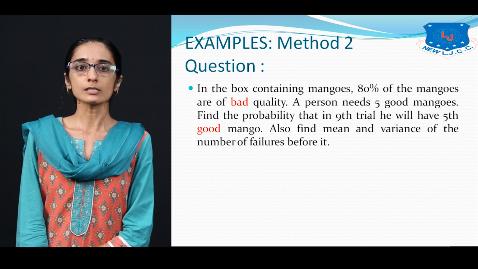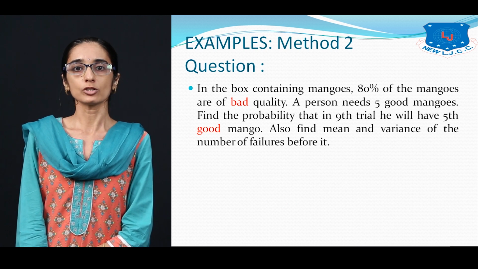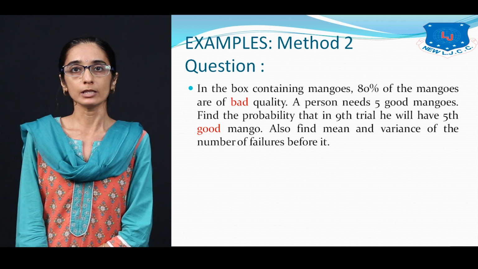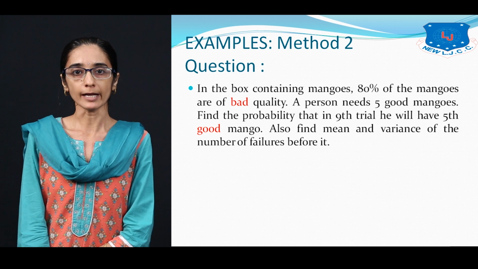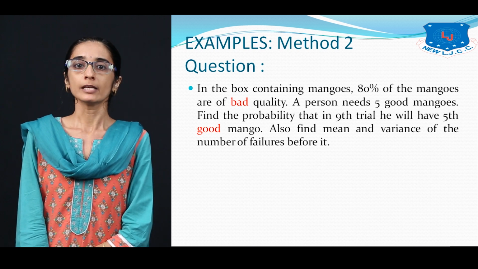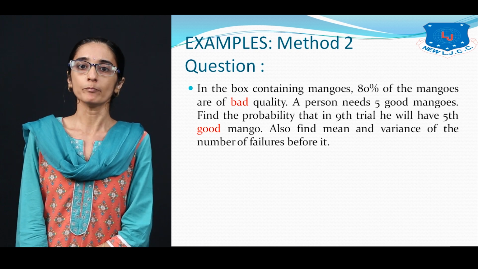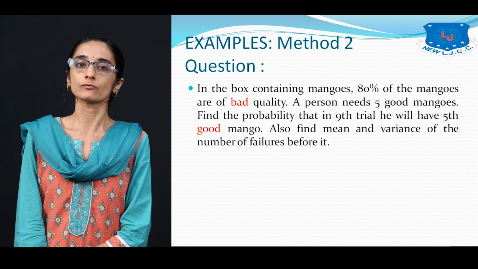The question is, in the box containing mangoes, 80% of the mangoes are of bad quality. A person needs 5 good mangoes. Find the probability that in the ninth trial, he will have the fifth good mango. Also find mean and variance of the number of failures before the successful trial.